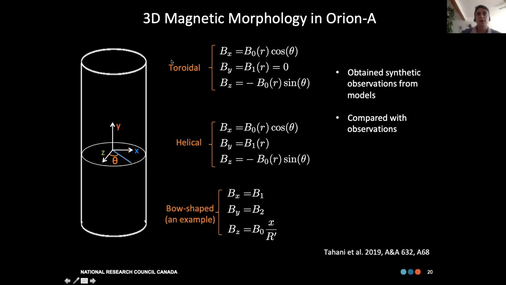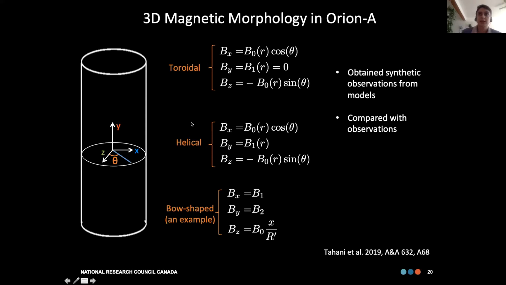We constructed toroidal, helical, and bow-shaped morphologies, and we have some assumptions for these, because bow-shaped morphology typically needs an environment, and toroidal can also happen in isolated filaments or cylinders. So we have physics assumptions for the equations as well.